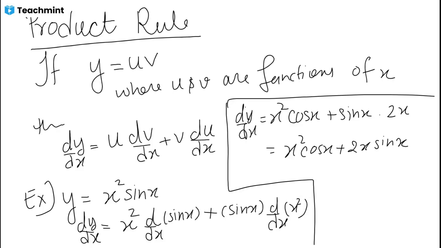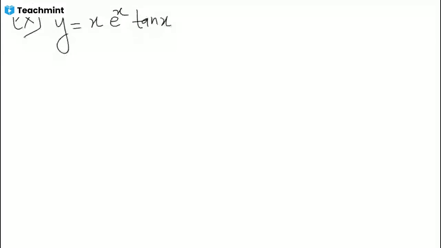And now let us do it for three functions. Like if we have y is equal to x e to the power x into tan x. We have three functions, so you can take them in pairs first.